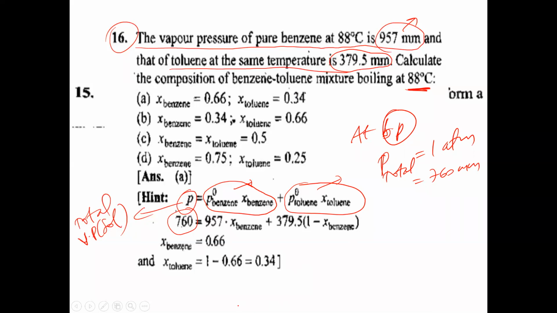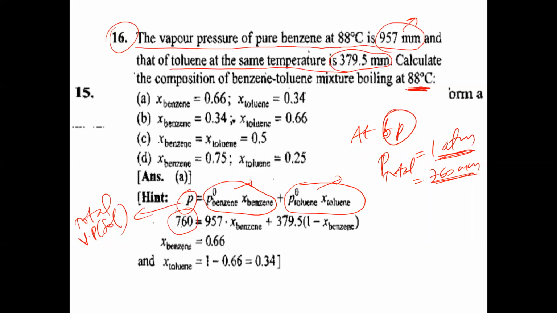Suppose liquid water is boiling at its boiling point of 100 degrees Celsius; its vapor pressure will be equal to 1 atm. So the vapor pressure of any liquid will be equal to 1 atm or 760 mm at its boiling point. That's why when the mixture is boiling, the total vapor pressure is 1 atm, which is 760 mm.